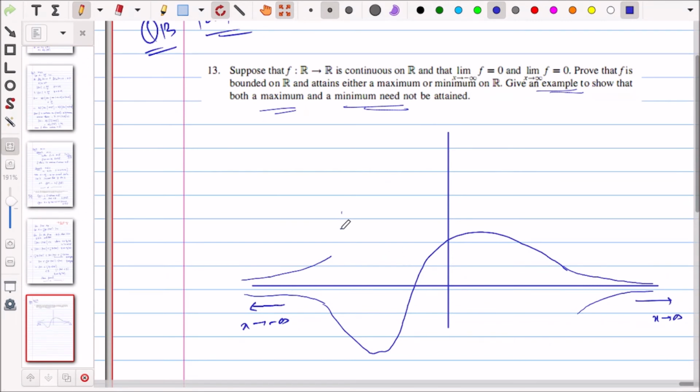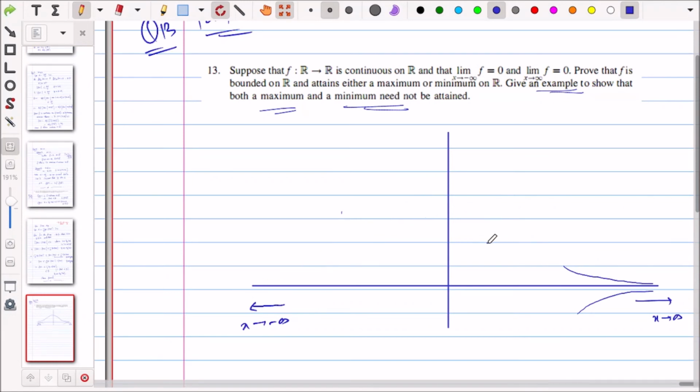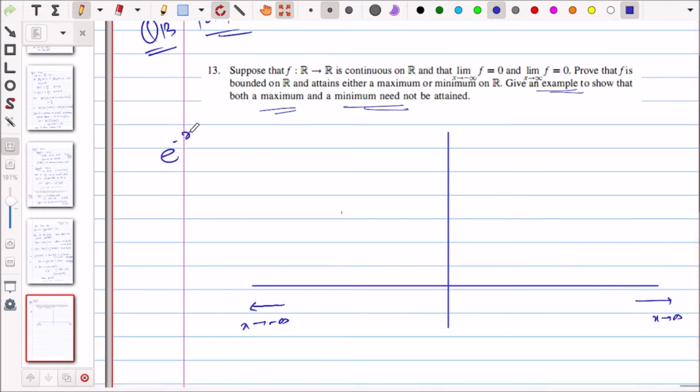Now we know a very good example of a function which goes like this, which you must be knowing. This is the Gaussian function, which has this cap over the interval. You must have studied that function while doing probability, because it comes in the normal distribution. It is a very important function with a graph like this, and that is e to the minus x square by 2.